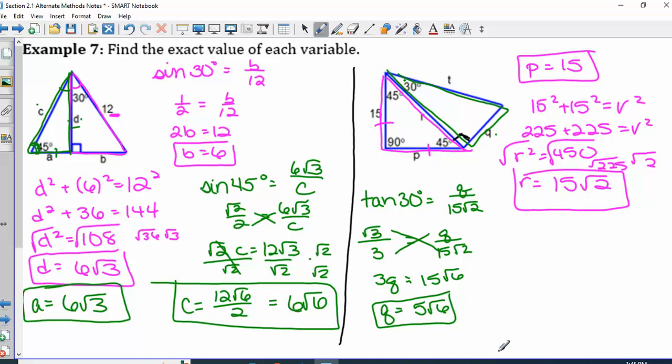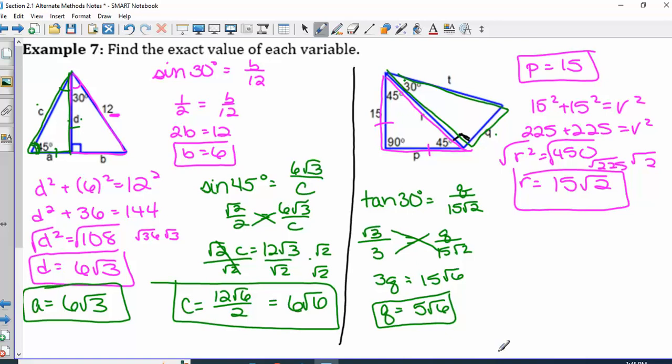And one last variable. How do you want to find T? Give me one option.